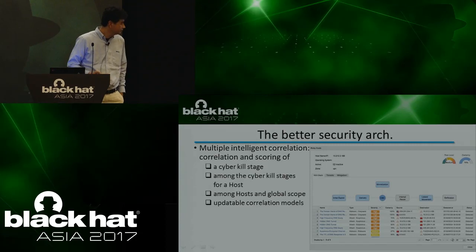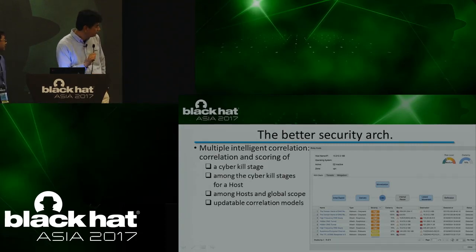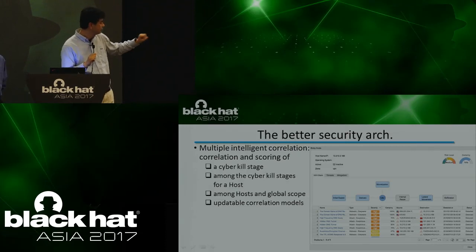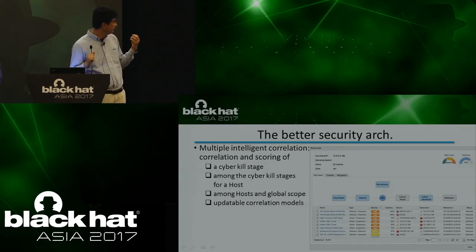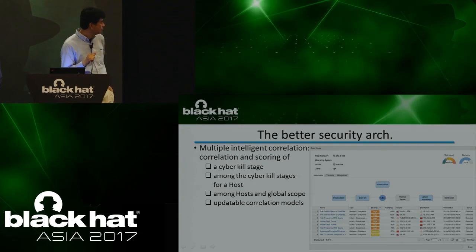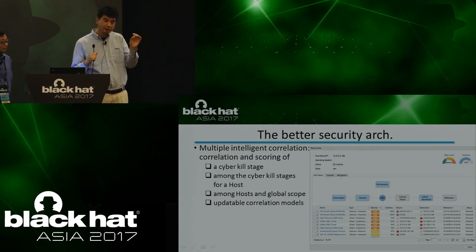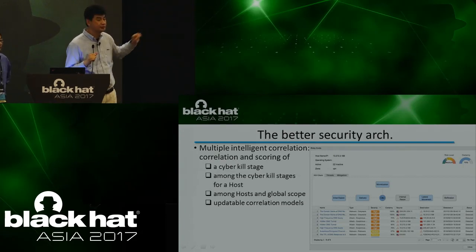But one thing I'd like to say is we talk about the cyber kill chain. For example, in this picture we have 7 stages, including the CNC stage. But we need to do the correlation. What does correlation mean in detail? I'll just give the four steps we currently use. We can do correlation scoring for separate stages, such as the CNC stage.